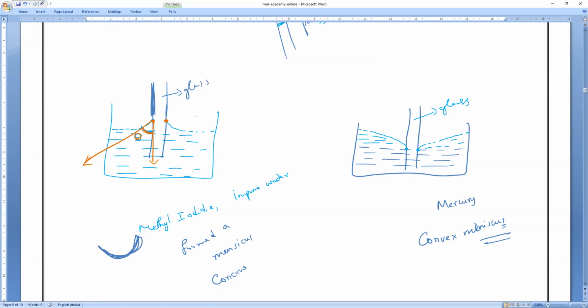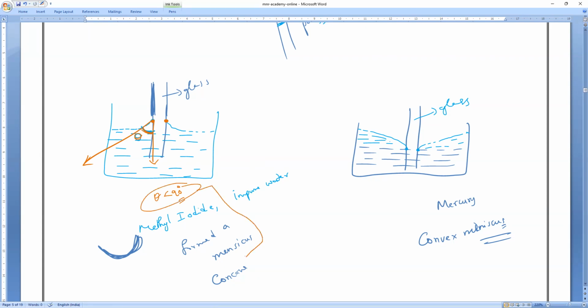In this case, by seeing it here itself, we can say that theta will be less than 90 degrees.